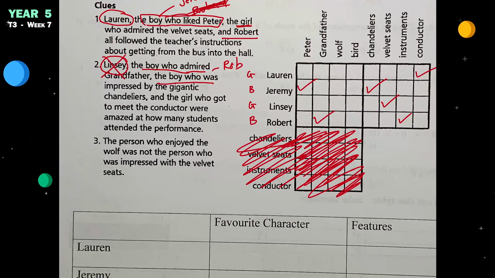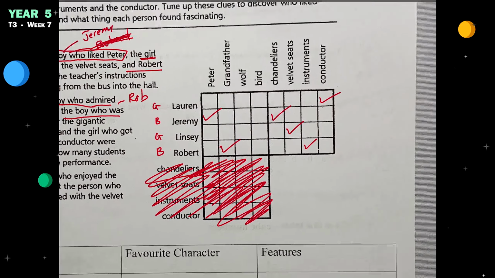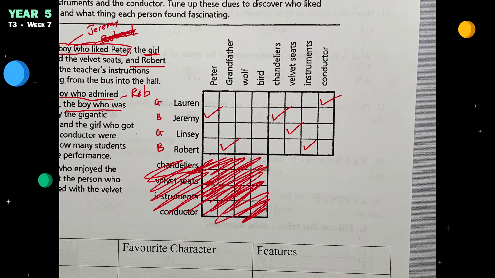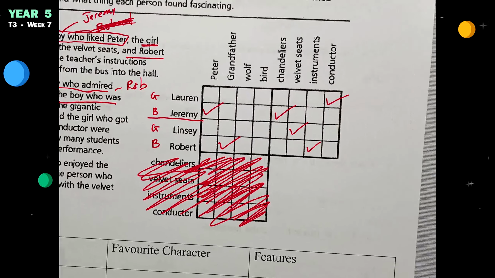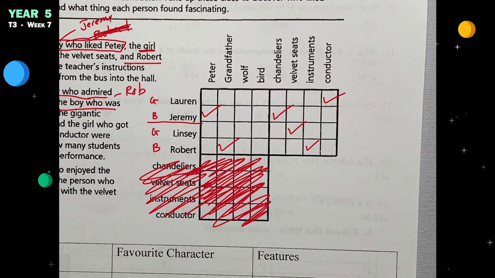Alright, now next one says the person who enjoyed the wolf was not the person who was impressed by the velvet seats. So let's see who was impressed by the velvet seats. The wolf can only be Lauren or Lindsay.